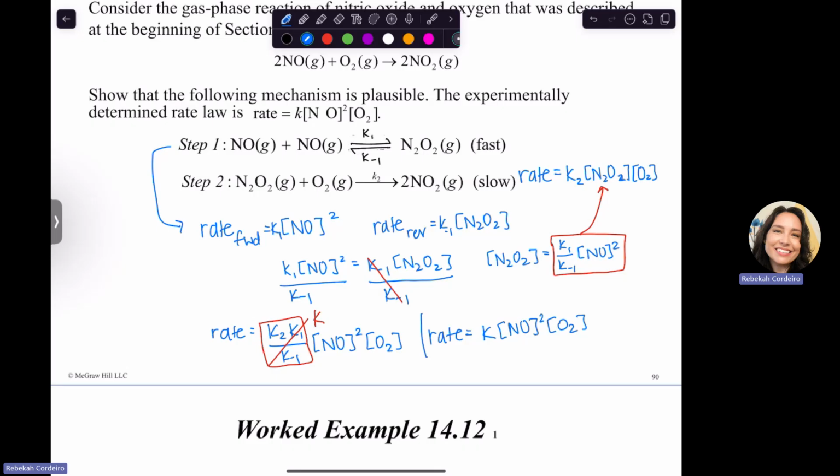But hopefully, now, so if the question says show it, right, what I've done is I've taken you through showing you, okay, well, here's the slow step one. I showed the rate forward, rate reverse. I put them equal to each other. I'm solving for the intermediate that I don't want to have in the rate expression, and then substituting it in, and that substitution is going to give me the thing that matches the experimentally determined rate law.